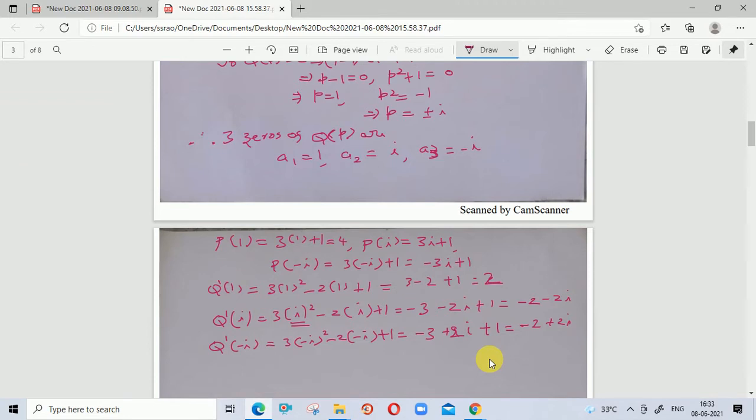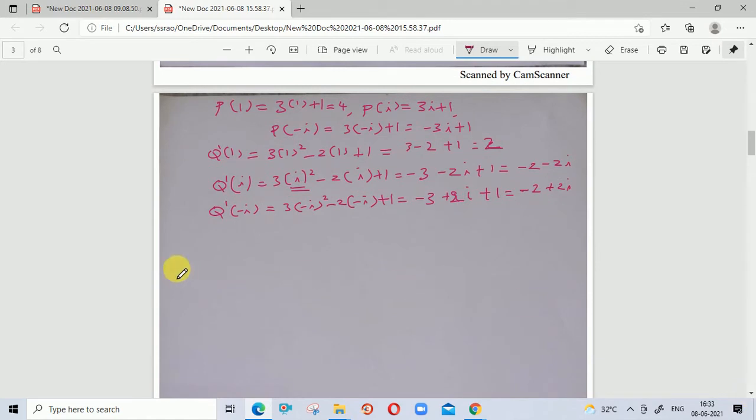Okay, now by Heaviside's expansion theorem we can write L inverse of P of p divided by Q of p is equal to sigma from j equals 1 to 3 of P of aj divided by Q dash of aj, into e power aj t. So we substitute j equals 1, 2, 3.